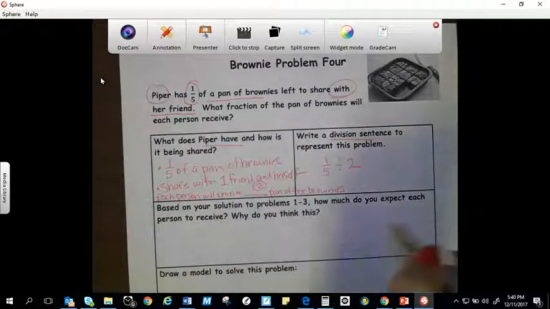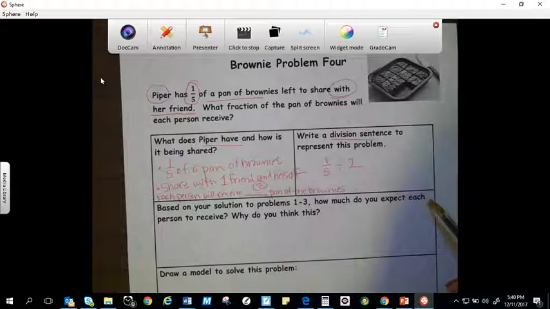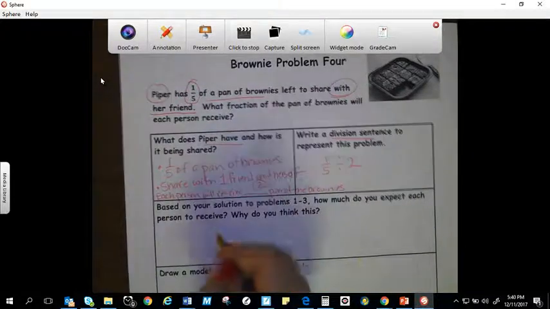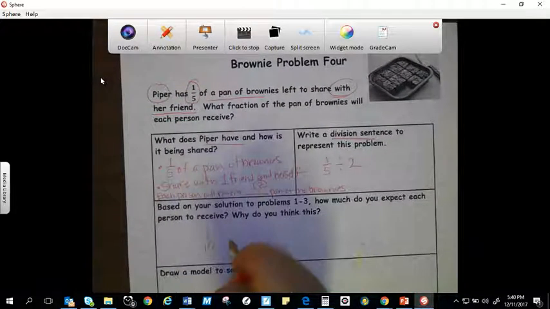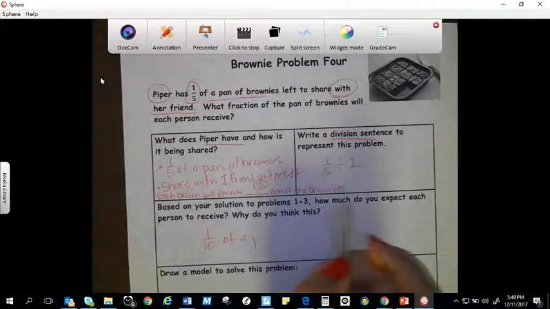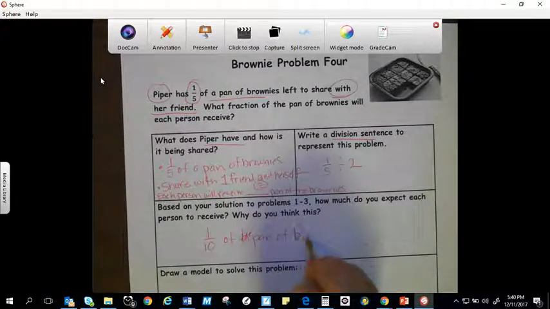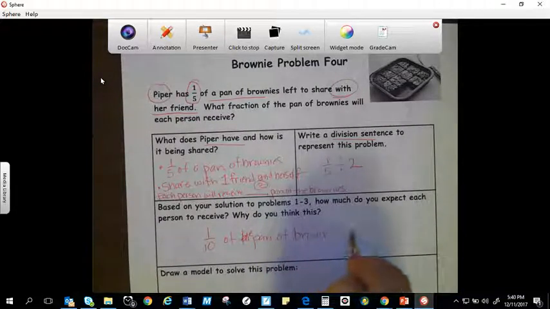Okay, so now based on your solutions to problems 1 through 3, how much do you expect each person to receive? Okay, I'm going to expect, yeah, absolutely, 1/10 of the pan of brownies each.